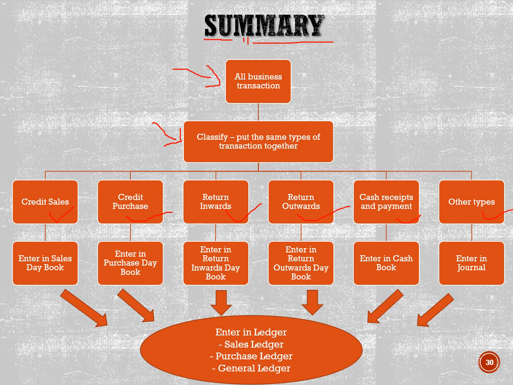So for a credit sale we put it in the journal entry we have set up, and after that we transfer to the ledger. So this is how you try to solve or interpret the books of prime entry that we have learned in this chapter.